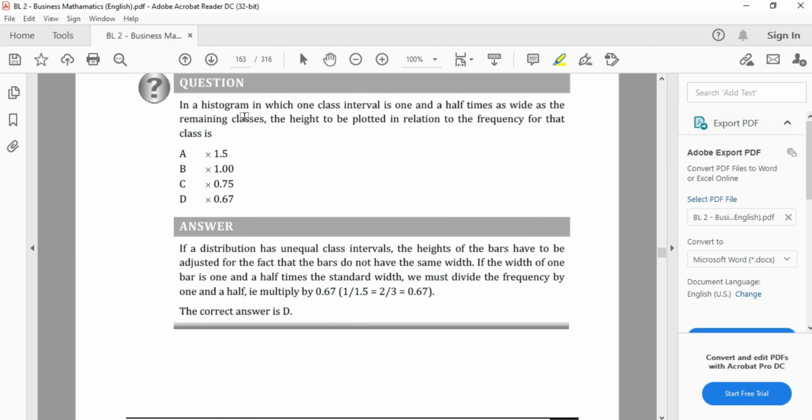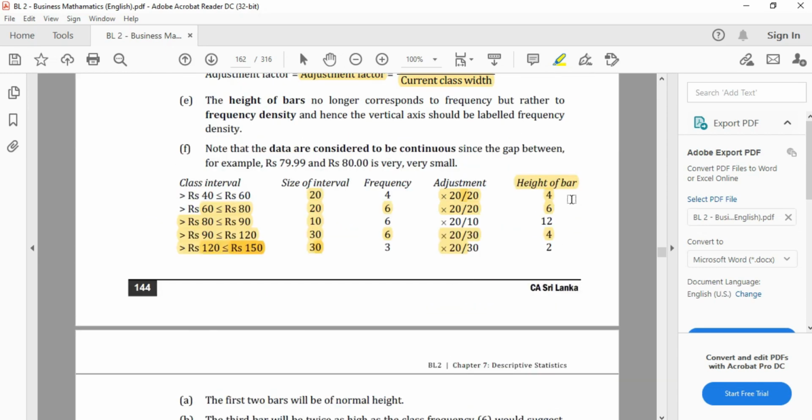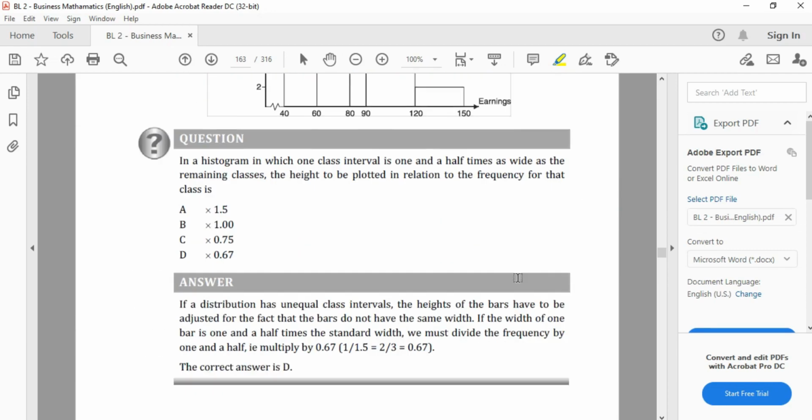So here they say in a histogram in which one class interval is 1.5 times as wide as the remaining classes, the height to be plotted in relation to the frequency for that class is. So they are asking the height of the bar, which is this column. So we have to see what is the adjustment factor.